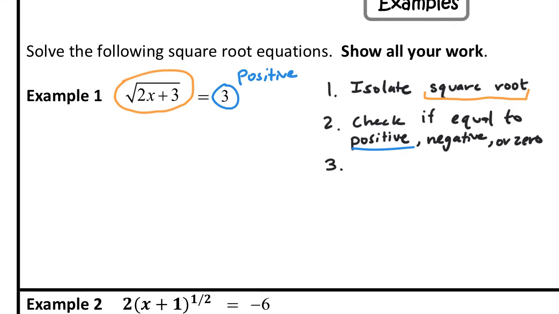Step 3 says raise each side to the second power. So raise both sides to the second power. Okay, so then that's going to look like the following.